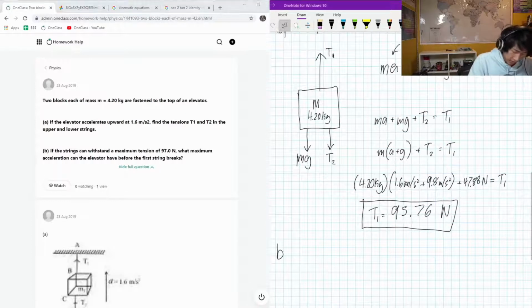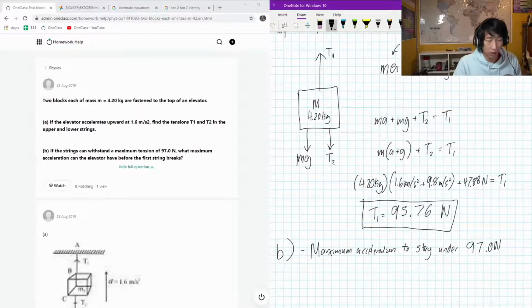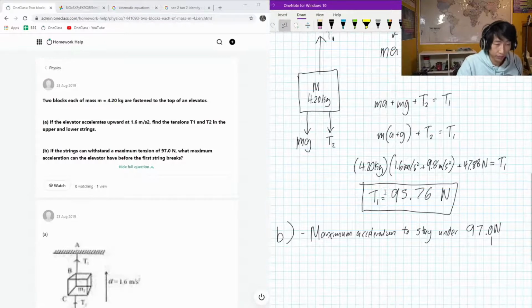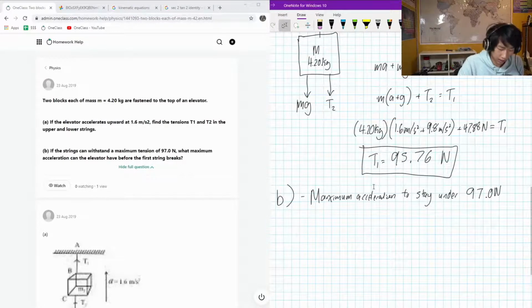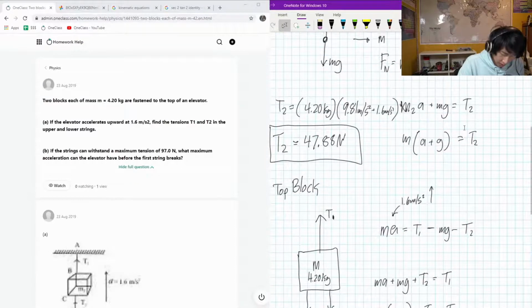Okay, so part B, we are going to need the maximum acceleration to stay under 97.0 newtons of force in the cable. Okay, so we are still going to have our original equations.